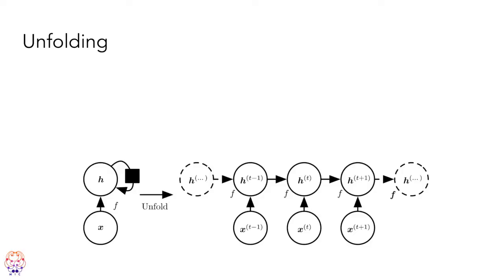So if you want to write it out, you can say h of t equals f of h of t minus 1, comma, x of t. What will end up happening is that you can think of h as memory within the cell, which we'll get into more in the slides for this.